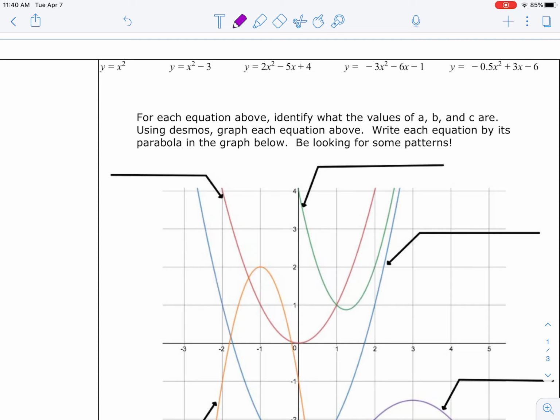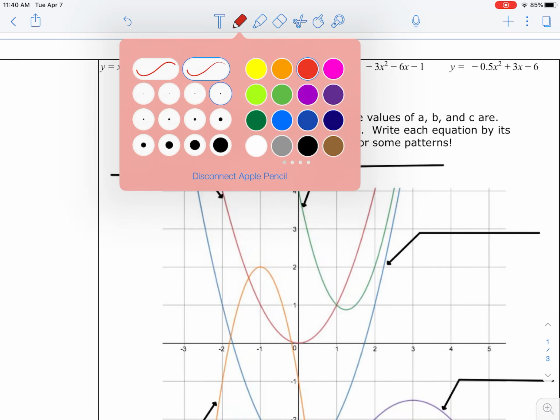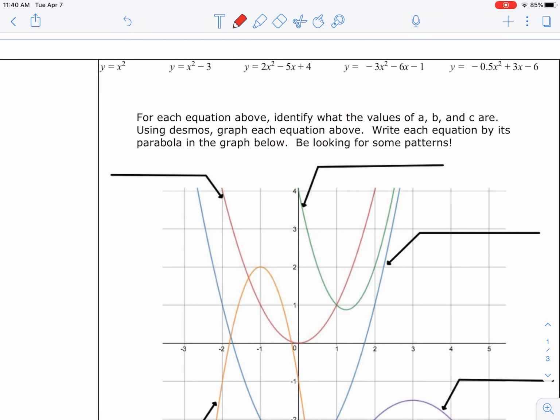So the first thing that we have here is y equals x squared. And again, what you were asked to do is come up with your a, b, and c values for that. Remember, our general equation was y equals ax squared plus bx plus c. That's the standard form equation. So what we're asking for is what are those numbers in those slots for a, b, and c.